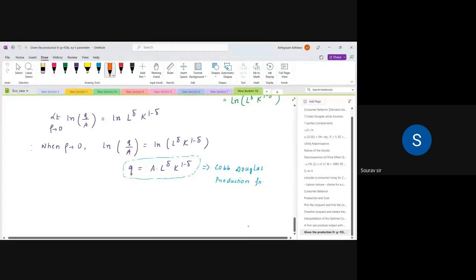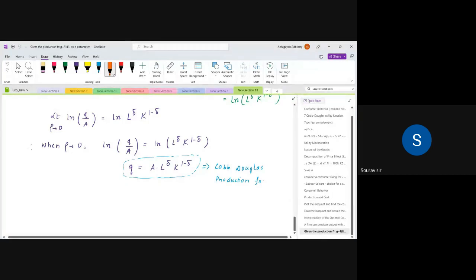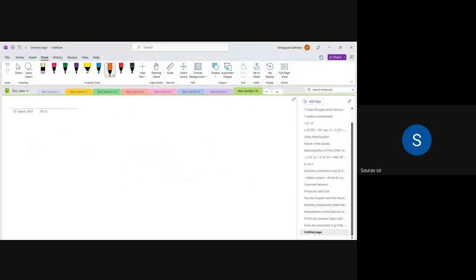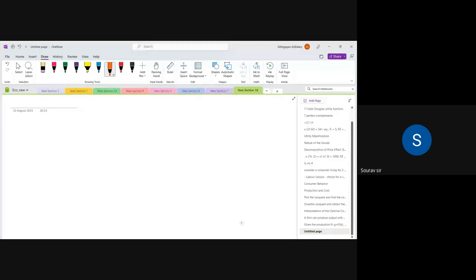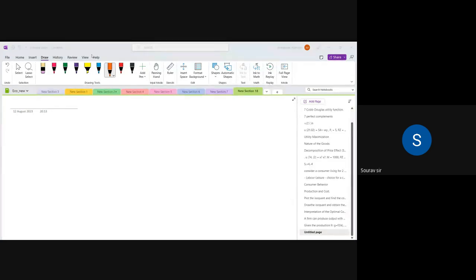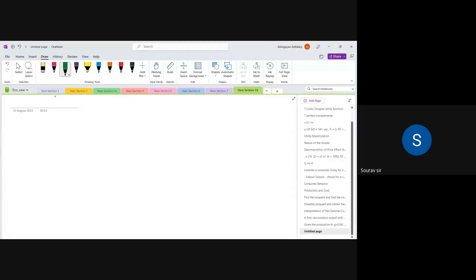So today, in this context, we would want to continue with our discussion on the CES production function. But before doing that, I would like to introduce one more concept to you all, which is known as the elasticity of substitution.